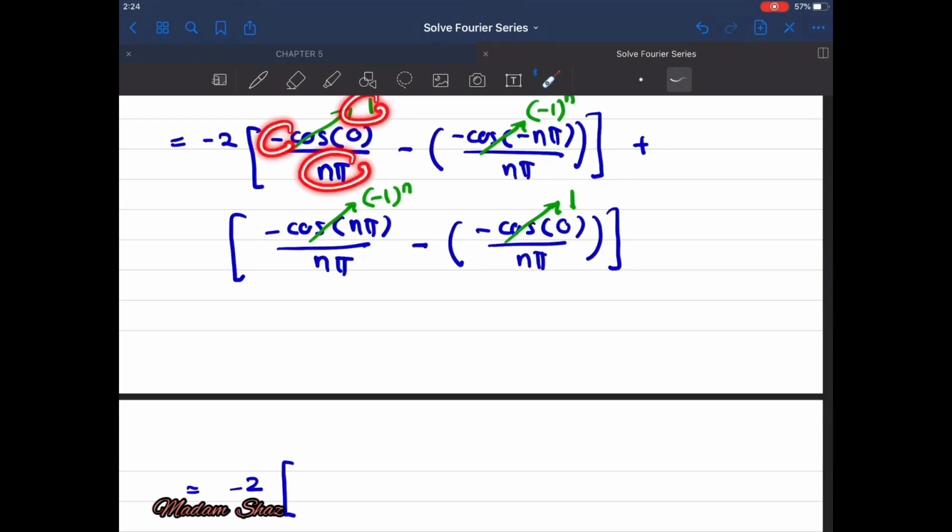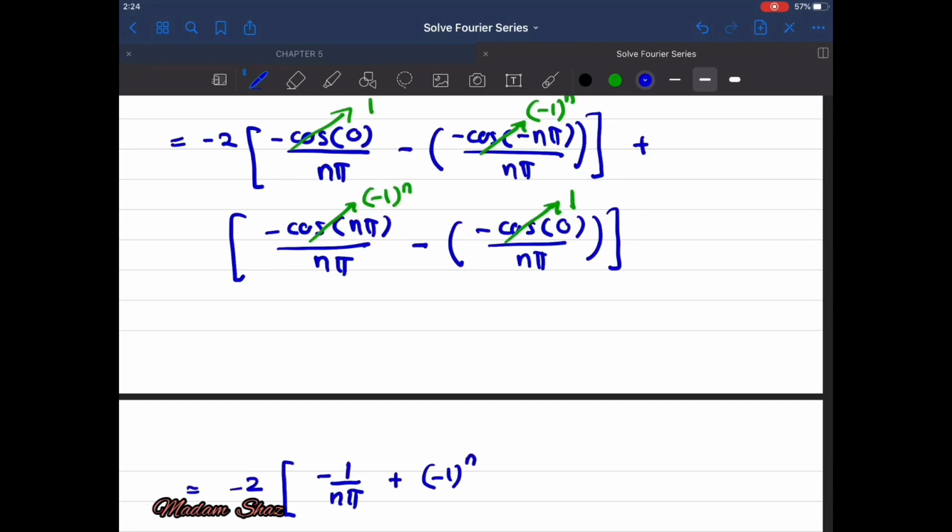-1 over n pi. -1 over n pi minus will become plus -1 the power of n divide with n pi.